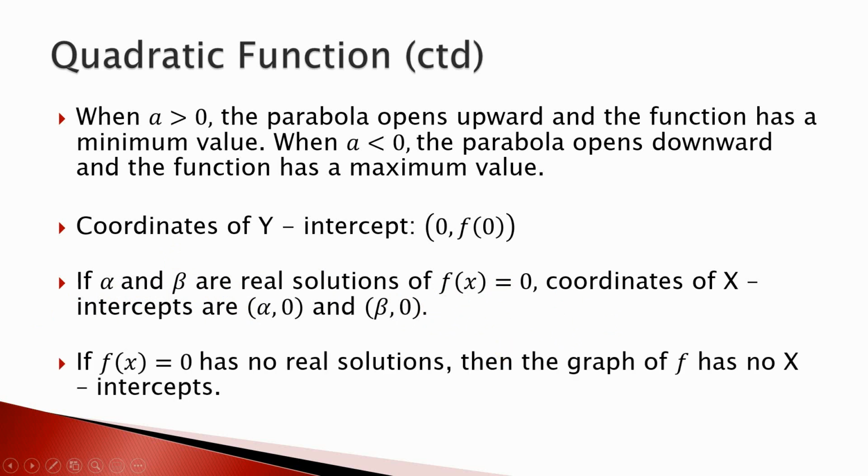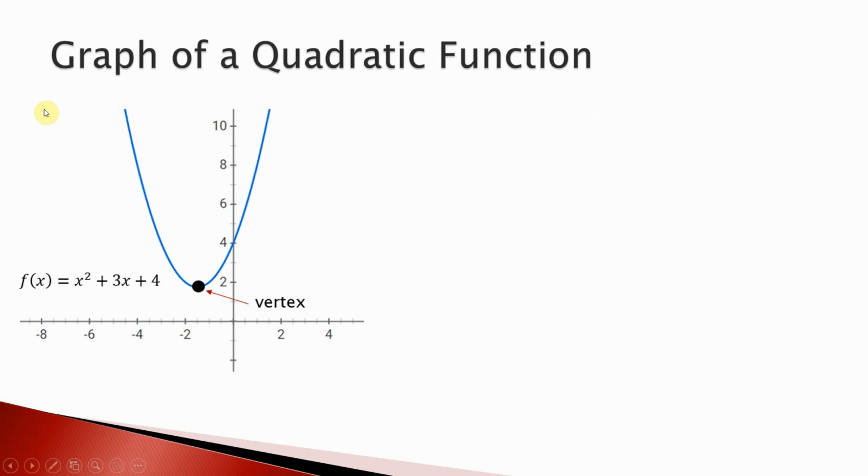Okay, so if f of x has no real solutions, then the graph of f has no x-intercepts, so it will not touch the x-axis. Okay, so this is a graph like that. So if you solve f of x equals 0, you will have complex roots. Okay, so you will have complex roots.